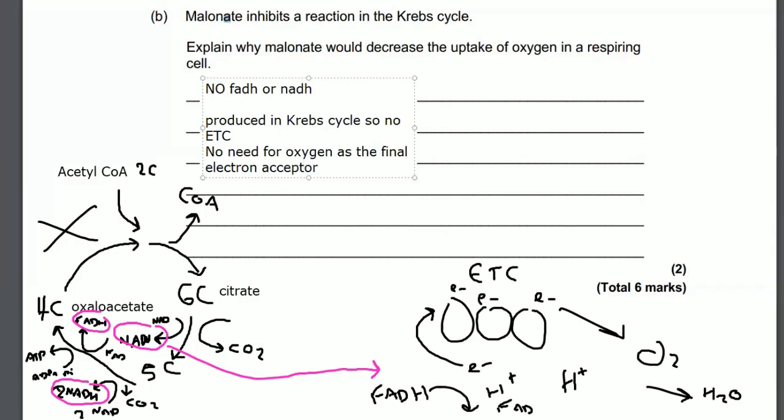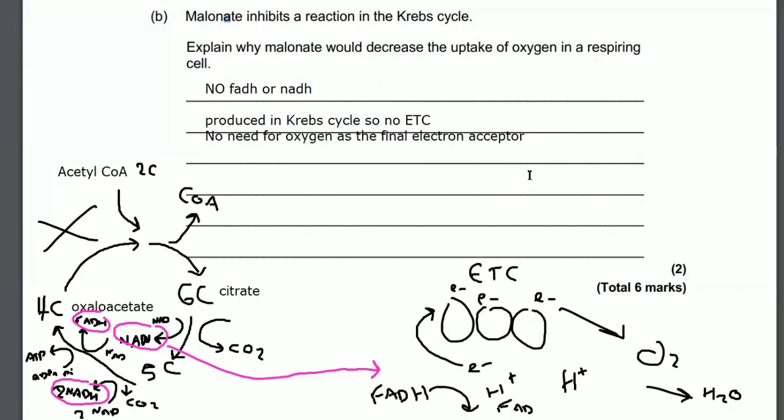Now, realistically, you do make some NADH in other parts of respiration, just a little bit. Remember, we made some NADH during glycolysis, and so some NADH would be produced, which could then come on and be used in the ETC.